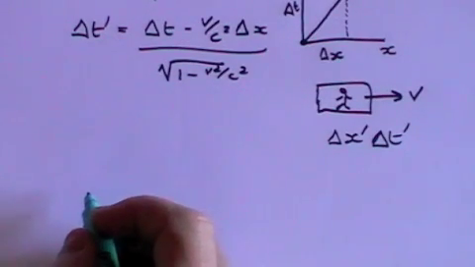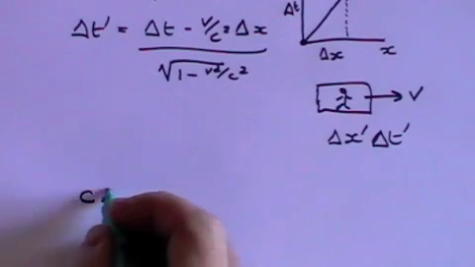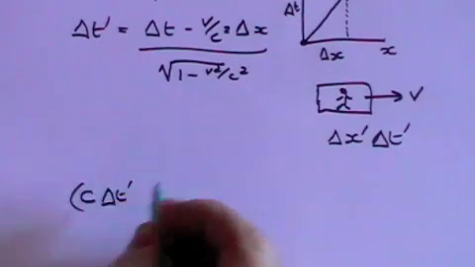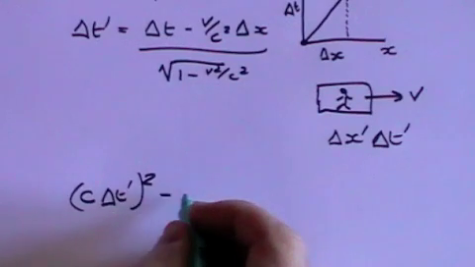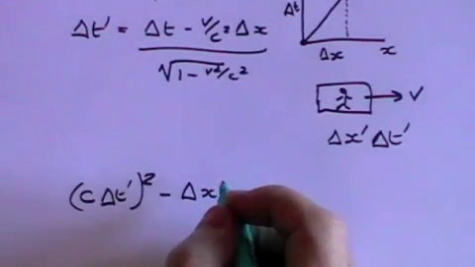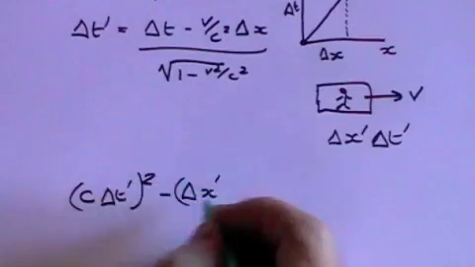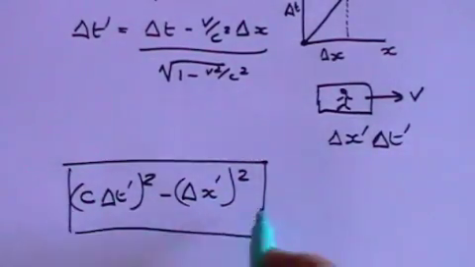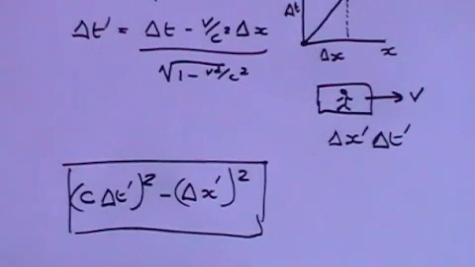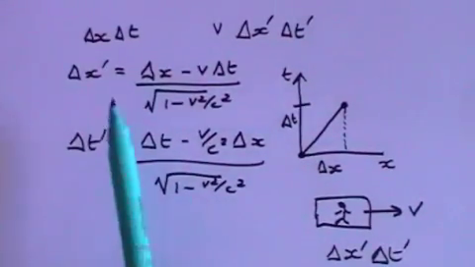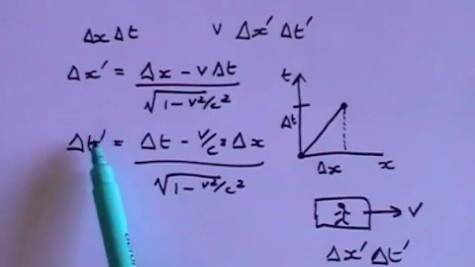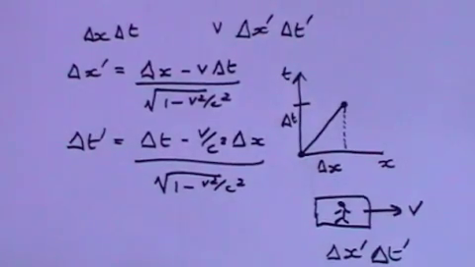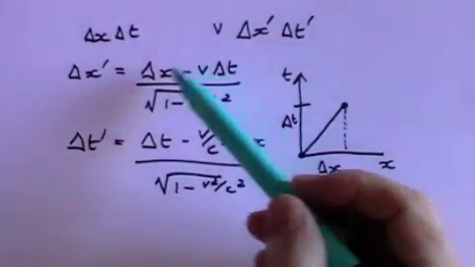Now, I want to consider if there's something special, and of course there is, otherwise I wouldn't be considering, in the following: c delta t prime, all squared, minus delta x prime squared. I want to look at that as a term and see if there's anything clever about it. Well, we've already identified what delta x prime and delta t prime are, so we can substitute these values.